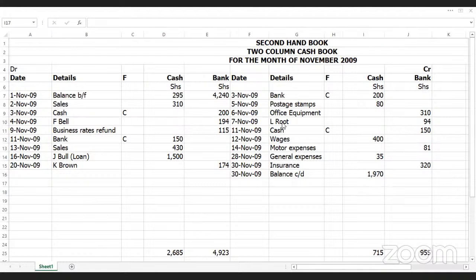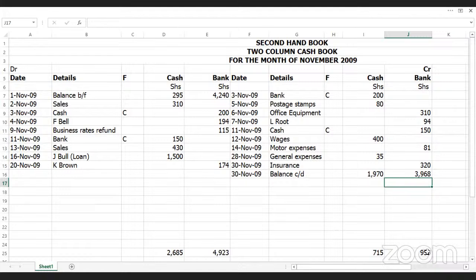Then for bank, you get the total on the bigger side, that is debit, minus your total on the credit, which is 955. You come up with 3,968.